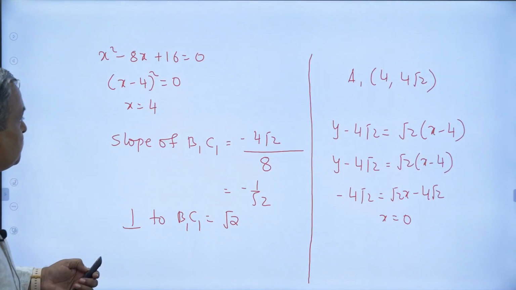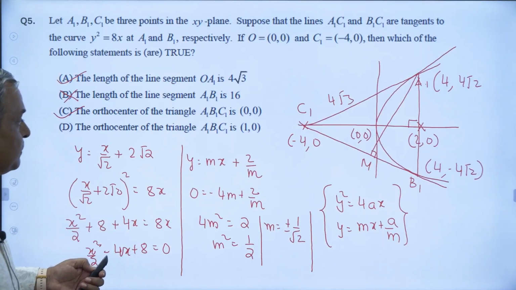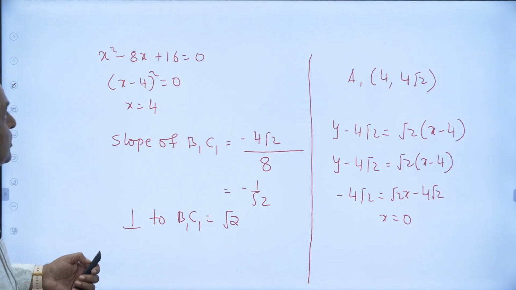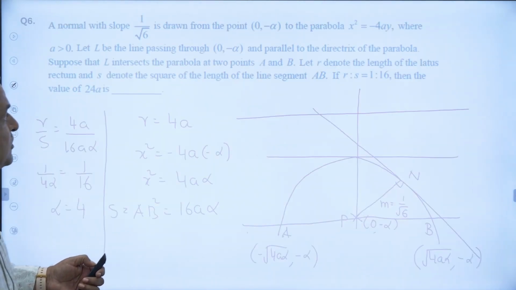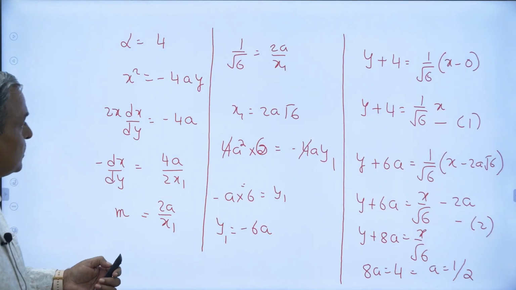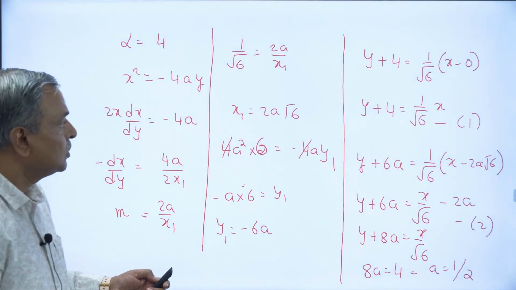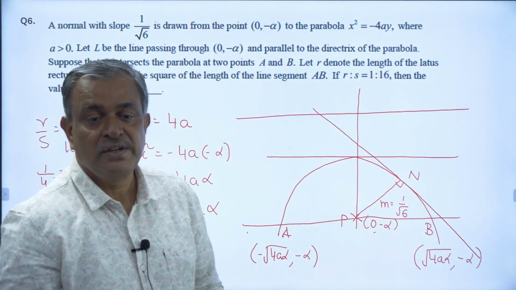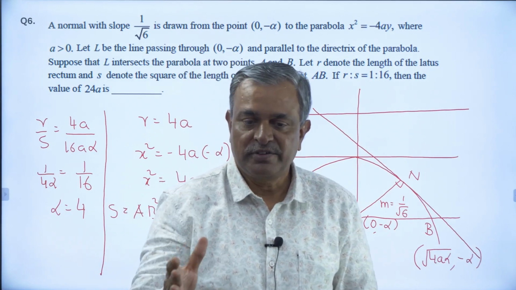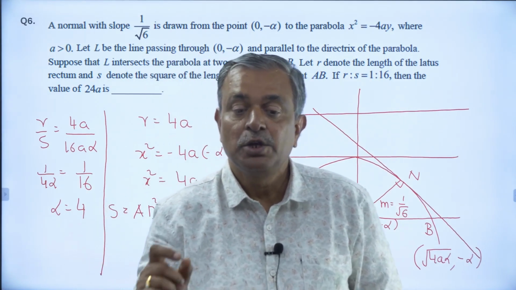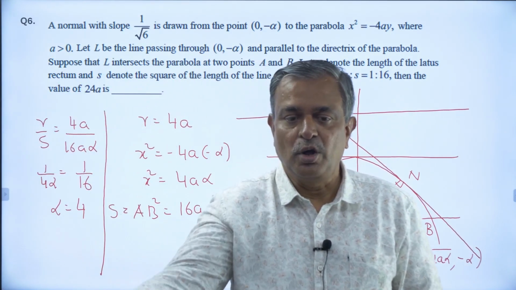So these were the 6 problems which were asked in JEE Advanced. I've given you the rough idea how to attack it. In a nutshell: read the first sentence, write all the information.